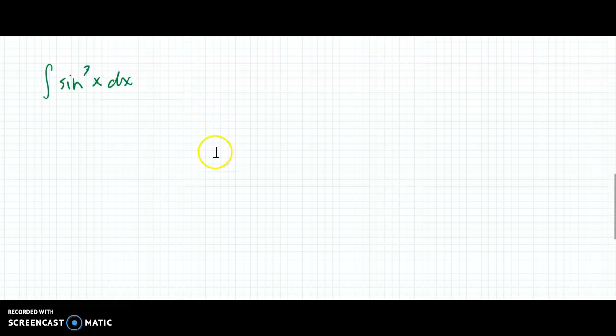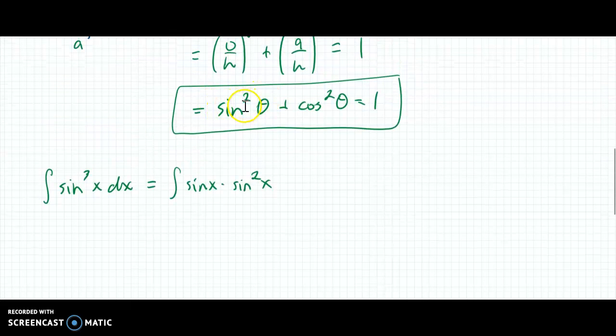Well, what I want you to see is that I could write this as the integral of sine x times sine squared x. And you may say, well, why would he do that? Well, this sine is going to become my du. Because, look, I know I have an equation that relates sine squared and cosine squared. So this right here is my sine squared.